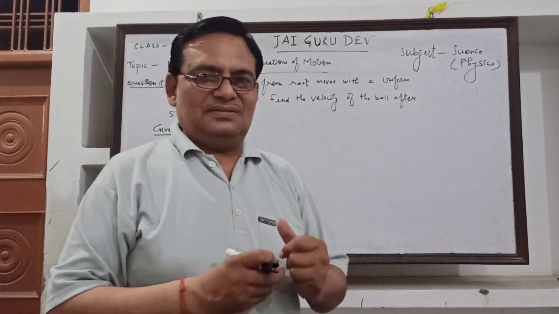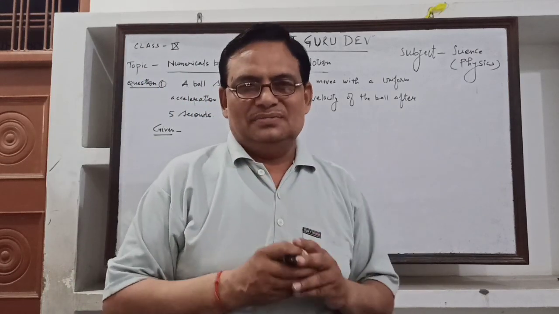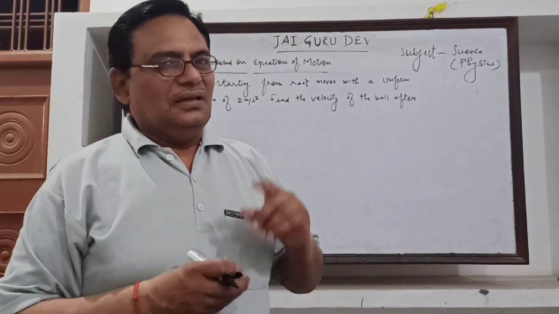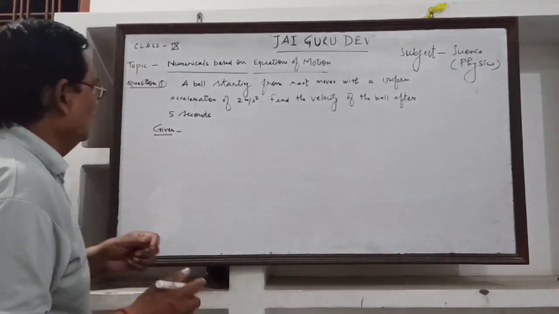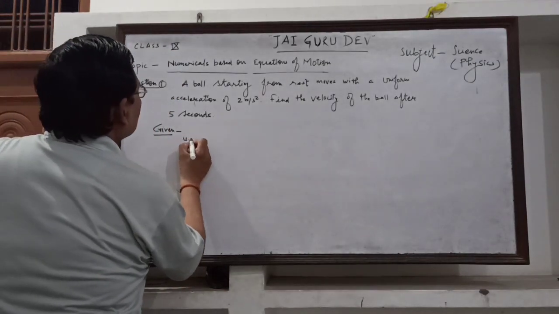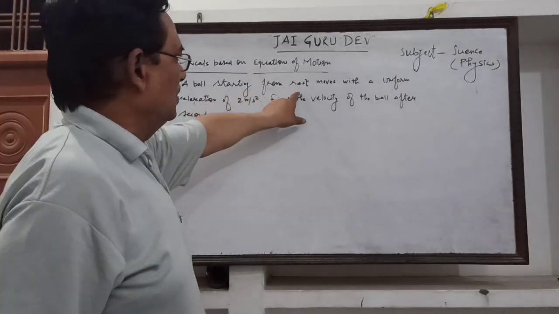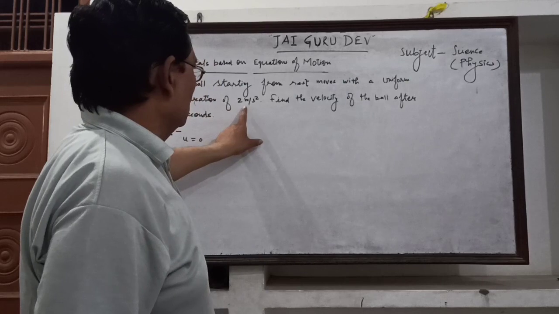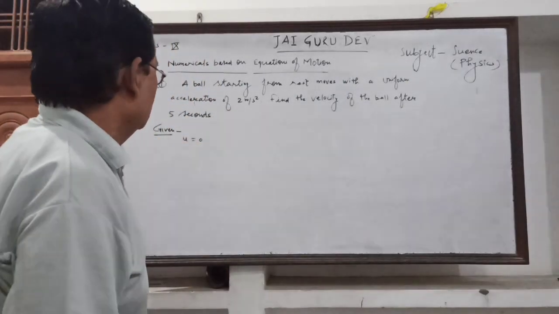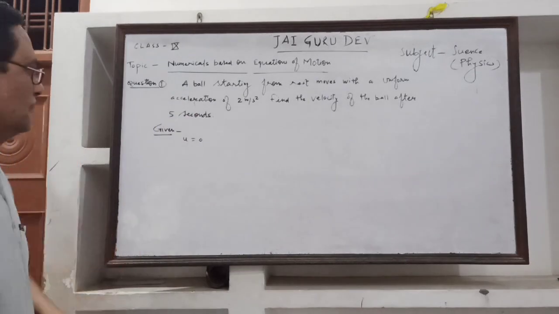Starting from rest means initial velocity is 0 and we represent initial velocity by symbol u. So we write here u is equal to 0. A ball starting from rest moves with a uniform acceleration of 2 meter per second square. Symbol of acceleration is small a.